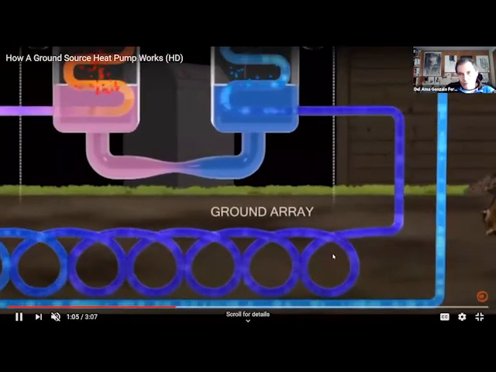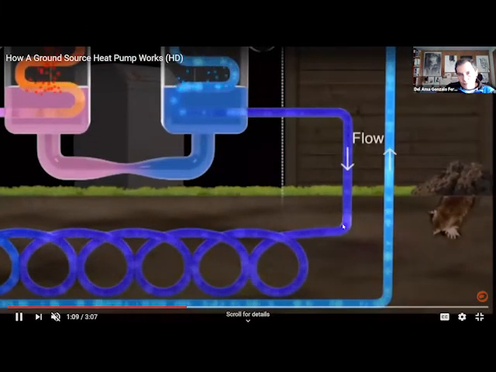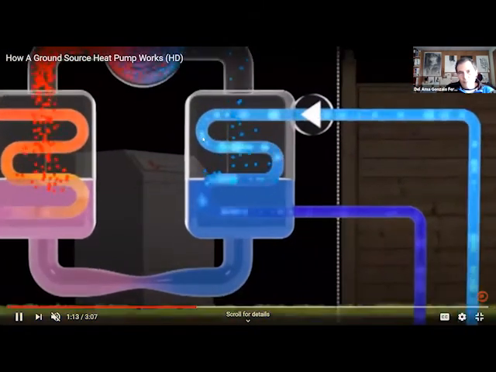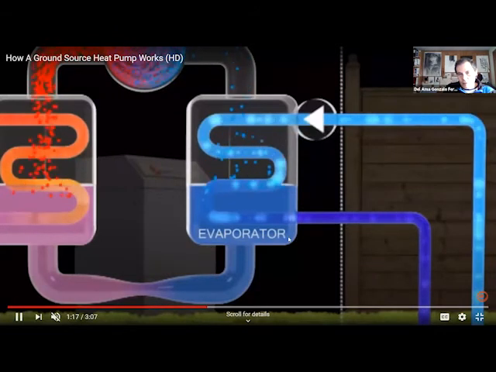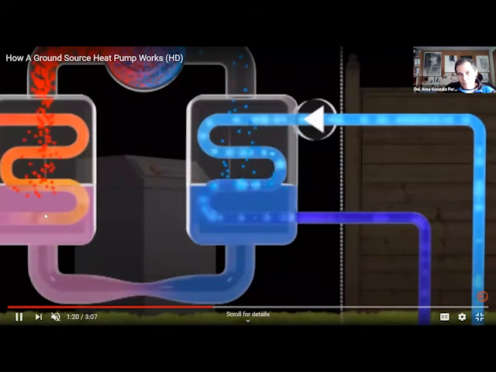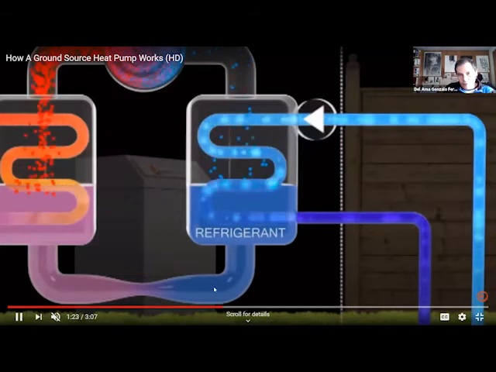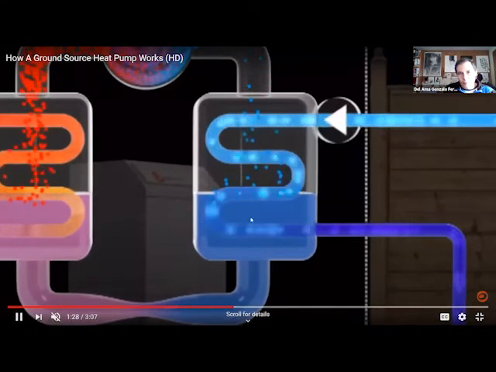The ground array goes from the heat pump to the ground, and then it returns to the heat pump again. And this is inside the heat pump. This is the evaporator, and the other one would be the condenser. And here we have refrigerant. The fluid that we have in this loop is refrigerant.